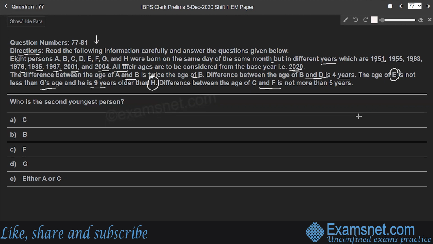Based on this information, let us make a table in which we take the years in the first column, the years in which these 8 persons were born.